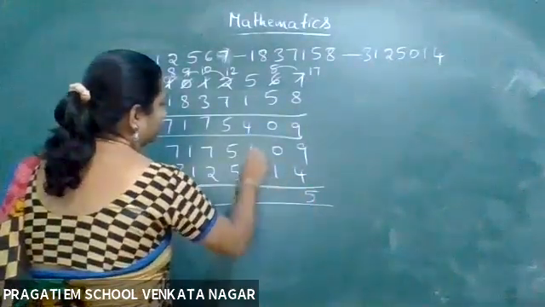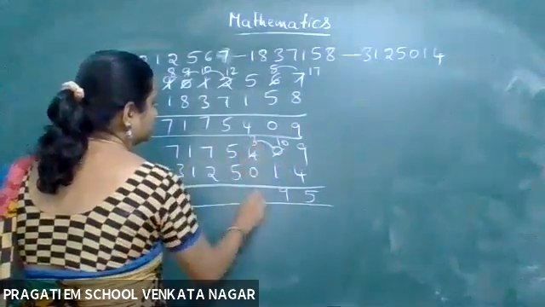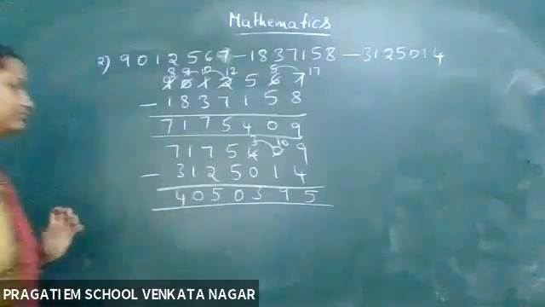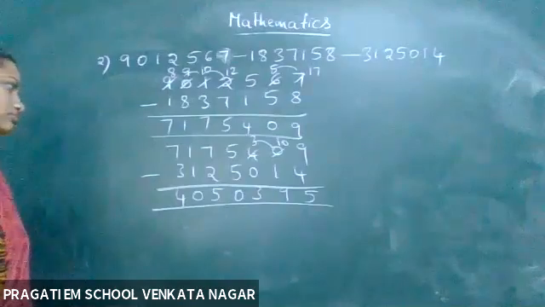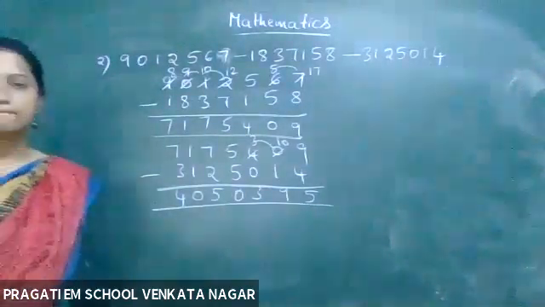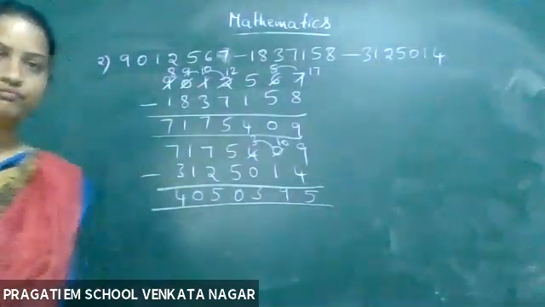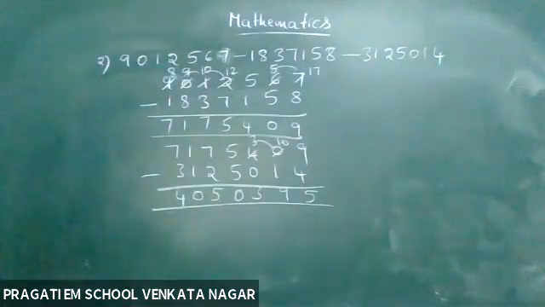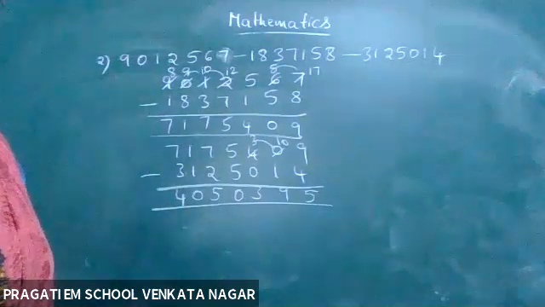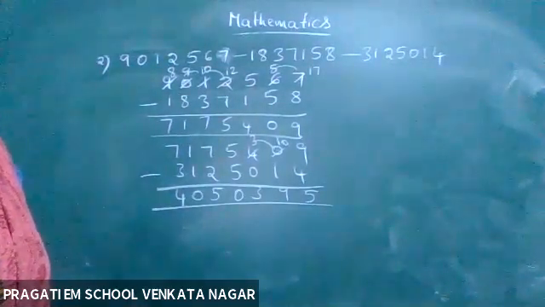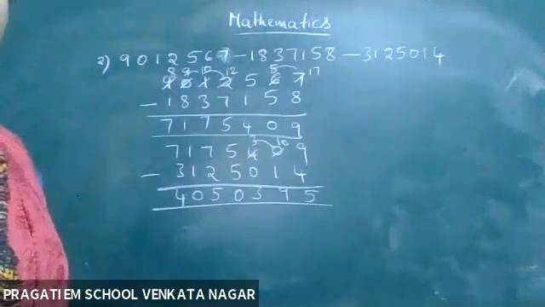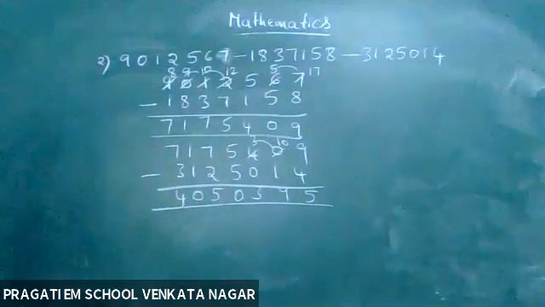So 9 minus 4, 5, we have borrowing, 10 minus 1, 9, 3, 3 minus 0, 3, 5 minus 5, 0, 7 minus 2, 5, 1 minus 1, 0, 7 minus 3, 4. Yes, children, I hope you don't have any doubts.